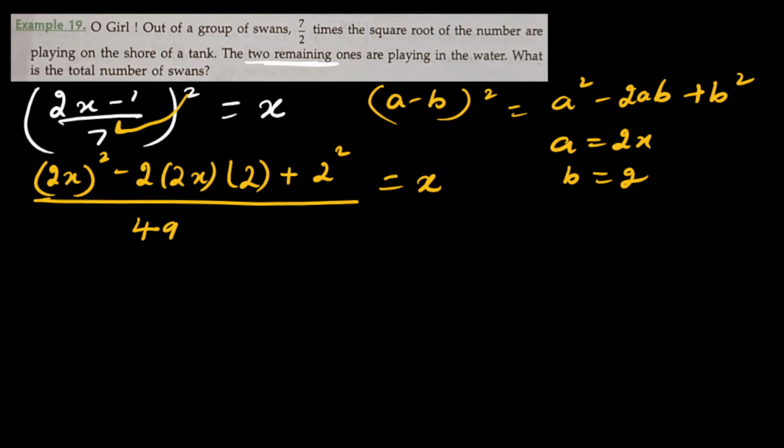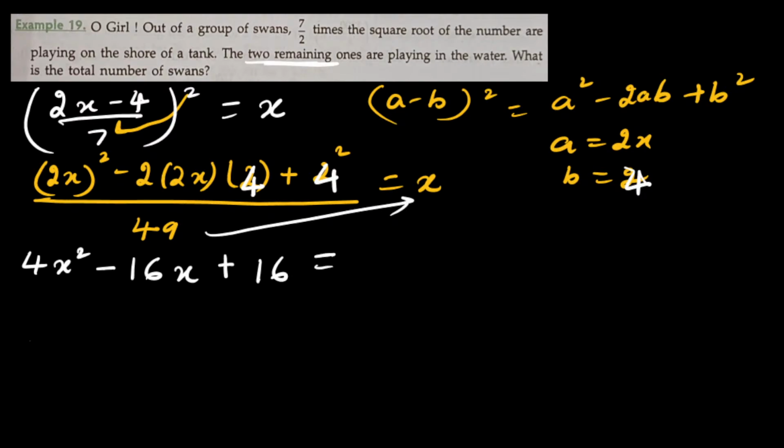I'll just correct here. So here 4 square, b is 4. So this will become 4x square minus 2 into 2, 4, 4 into 8 is 32x. So 2 into 2, 4, 4 into 4 is 16, 16x. 4 square is again 16.